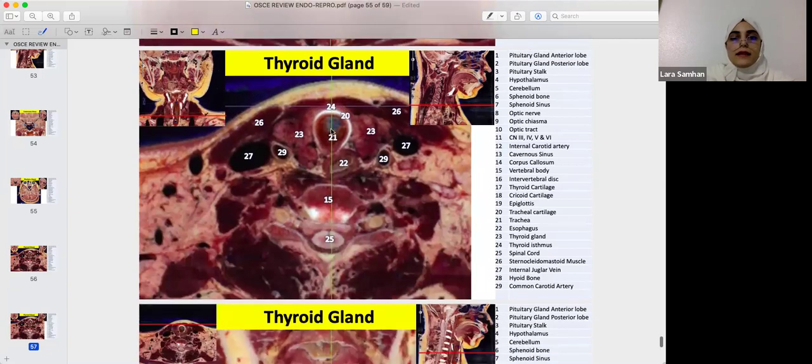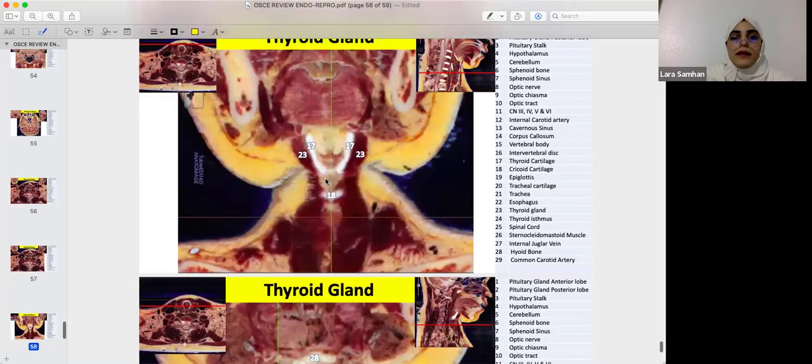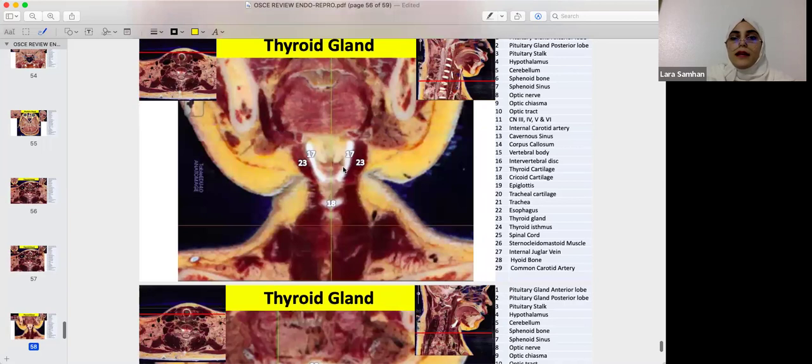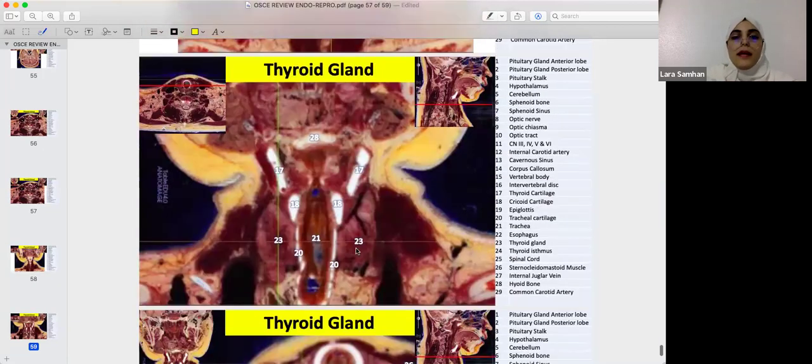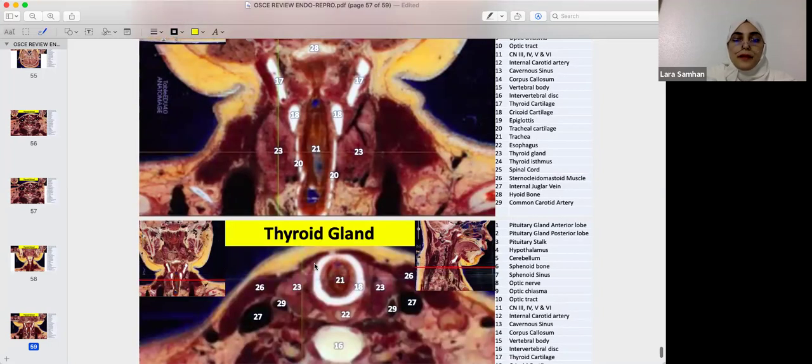This is the exact same picture you have in here. As we said, we're repeating everything. Number 17 is the thyroid cartilage because it's white in color, and number 23, as I said previously, is the thyroid gland. It's encircling the tracheal cartilage. Number 23 is the thyroid gland from the right side and from the left side. Number 21 is the trachea, and this whitish thing is the tracheal cartilage.